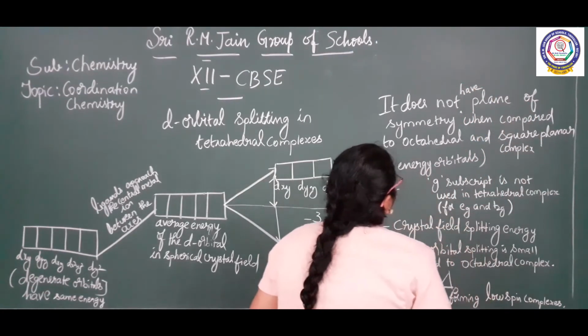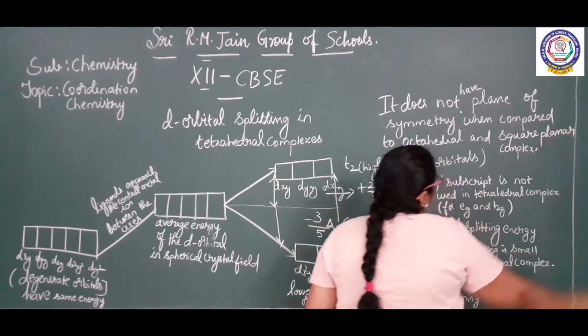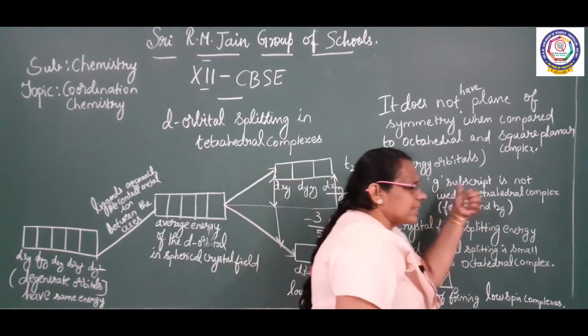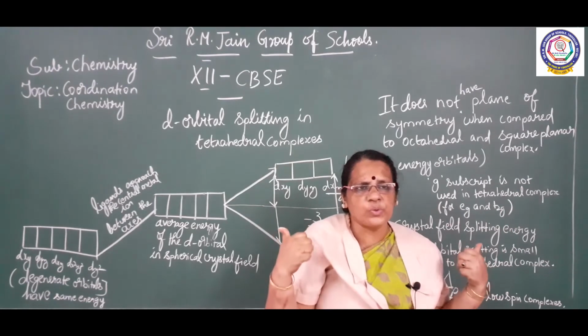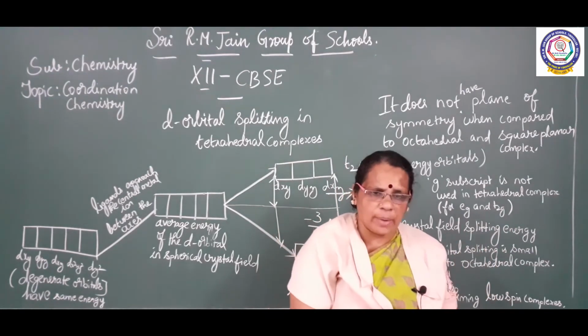That's why the g subscript is not used in tetrahedral complex, whereas it can be used for octahedral and square planar complex.